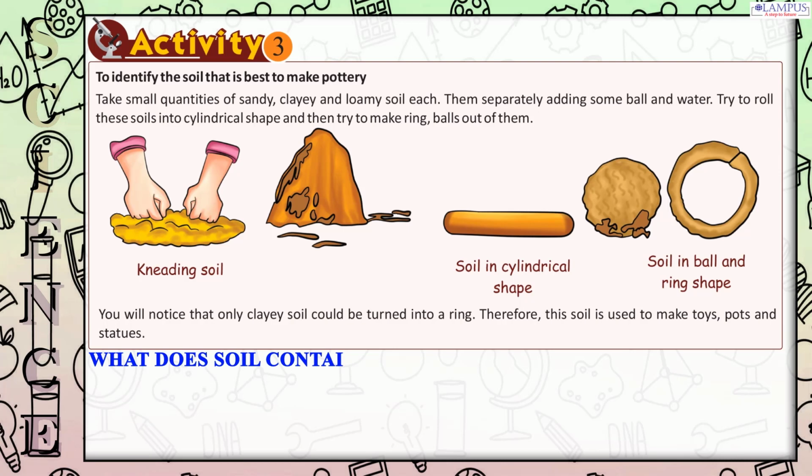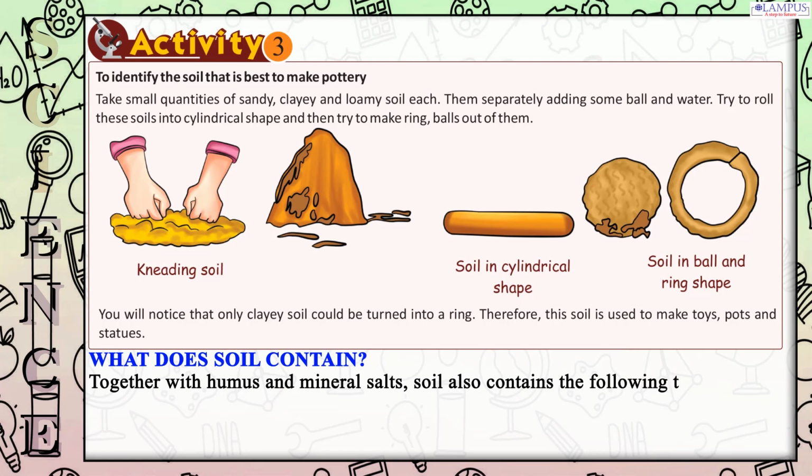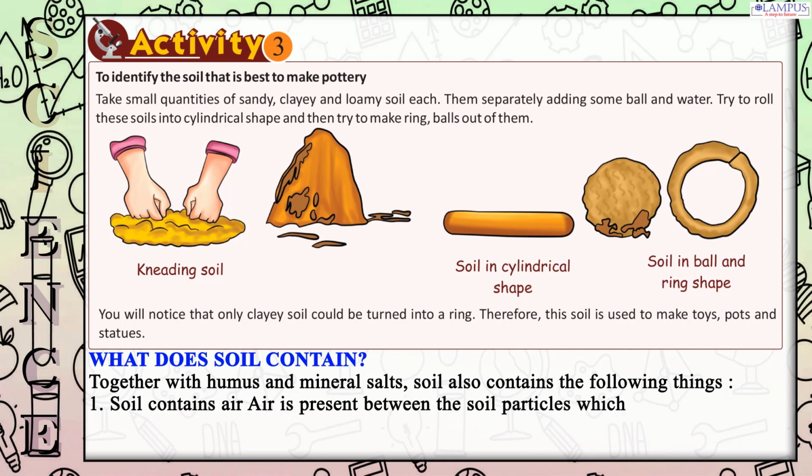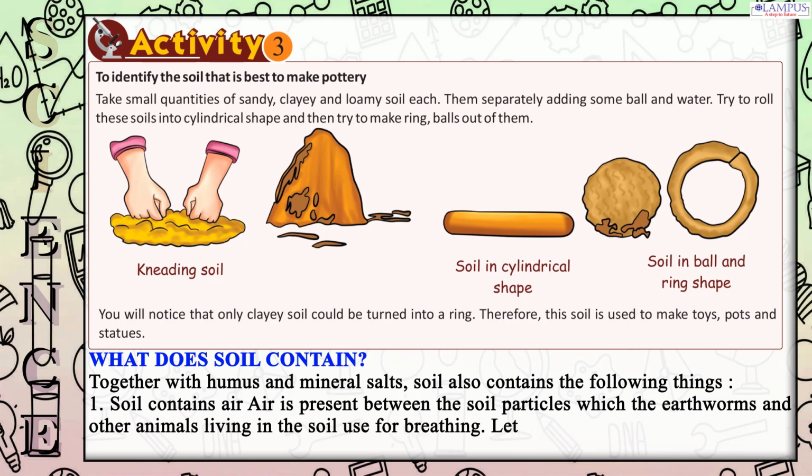What does soil contain? Together with humus and mineral salts, soil also contains the following things. 1. Soil contains air. Air is present between the soil particles, which the earthworms and other animals living in the soil use for breathing. Let us perform an activity to observe the presence of air in soil.